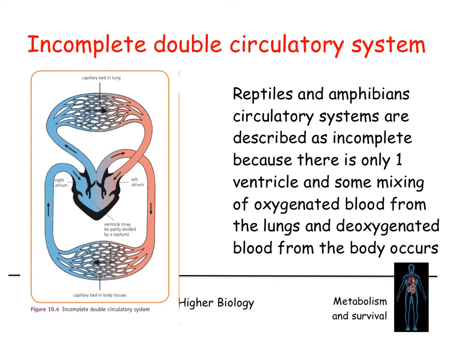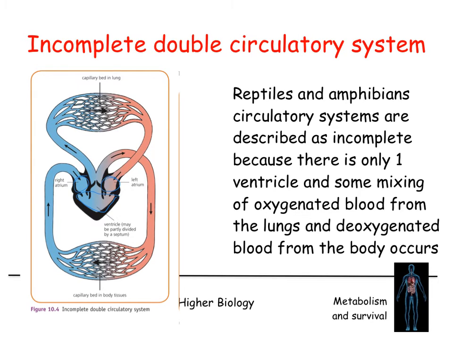And when we're looking at reptiles and amphibians, they've got these systems, but they're described as incomplete because if you have a wee look at the diagram here, you'll see that there's a left and a right atrium, but there's only one ventricle. So it's described as incomplete because you've not got a separation of the ventricles.